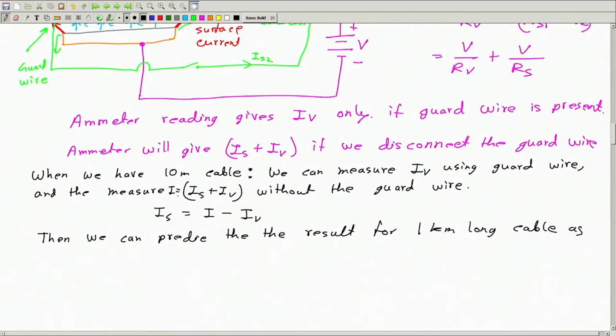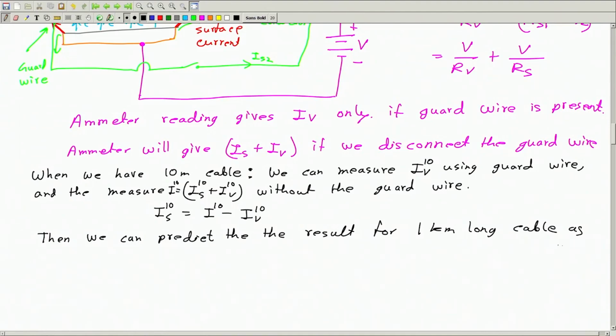So this is IS 10, IV 10, and this is I 10, the experiment for 10 meter.